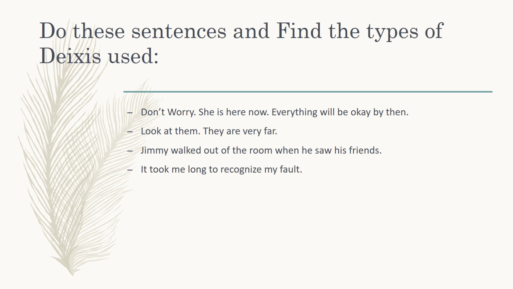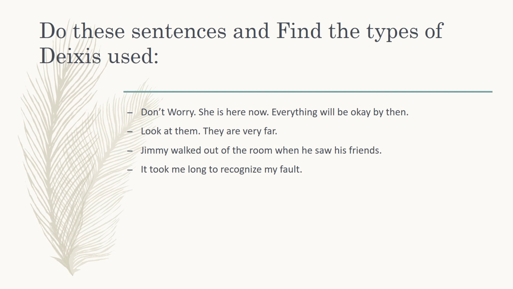They is also a word that points to more than one person. So, it is what? Person deixis. Are is a verb. Very is a modifier. It is not used to point at anything. Far. Even when I say the word far, what do you do when you say far? You move your hands away and point to something, right? Which is not near, far.